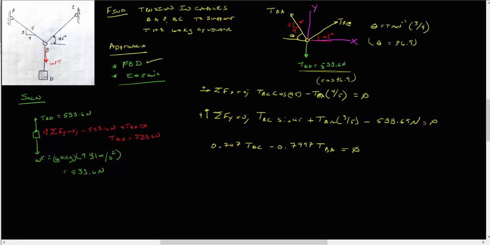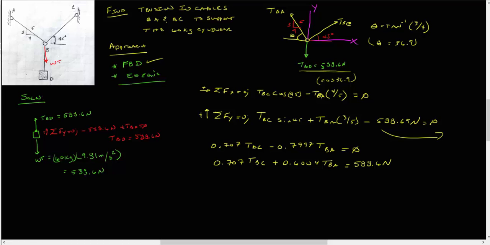And then my second equation, my forces in the y, would be 0.707 TBC plus 0.6004 TBA is equal to, now if I take this to the other side, I add it over here, I get 588.6 newtons.